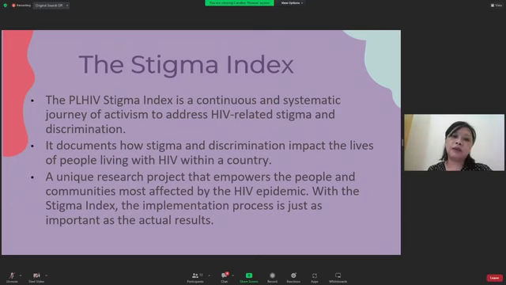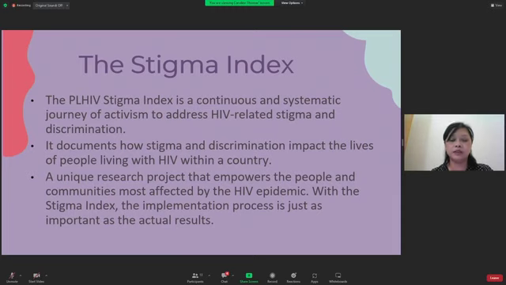So with the stigma index, the implementation process is just as important as the actual results. So the process of the planning involving people living with HIV, in the actual implementation of the study, as well as the analysis of the data, and also the presentation, and also how to use it on the advocacy.